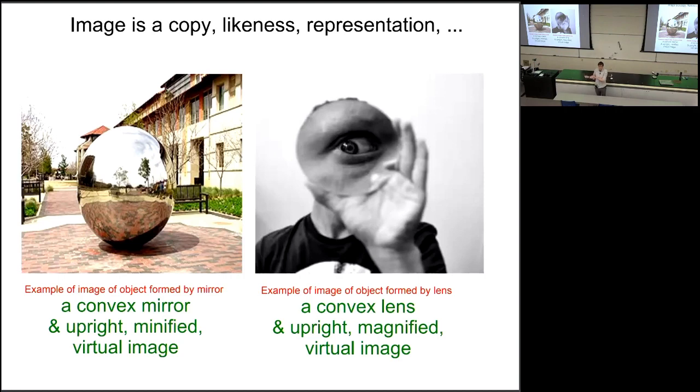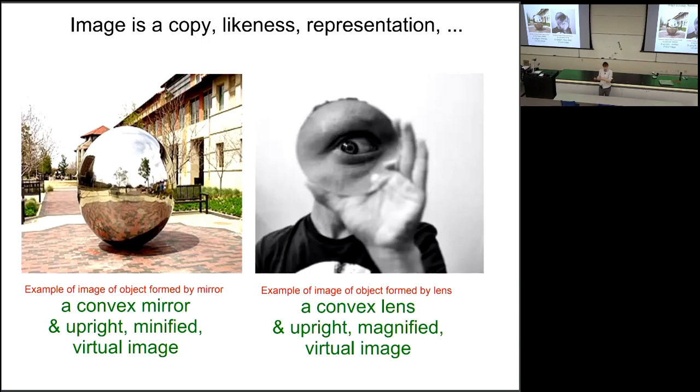What is an image? An image is a copy or a likeness or a representation of some object. So a tree might be an object, and then we could make an image of the tree.